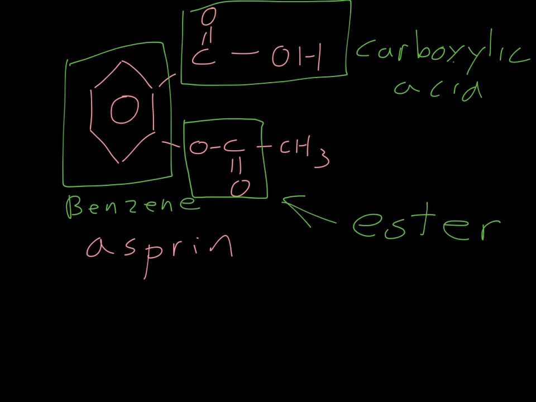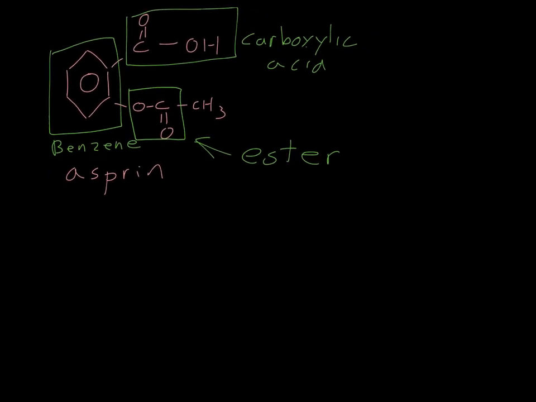For example, if we look at the reaction that we're doing in today's lab, we're wanting to make the aspirin molecule that you see here. We're starting off our synthesis with salicylic acid.